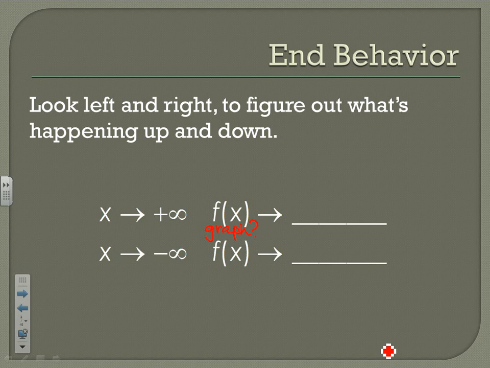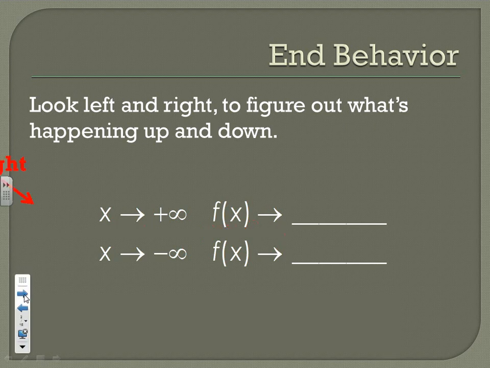Okay, it's saying as x approaches, this is just another word that means approaches. As x goes towards positive infinity, what is the graph going towards?